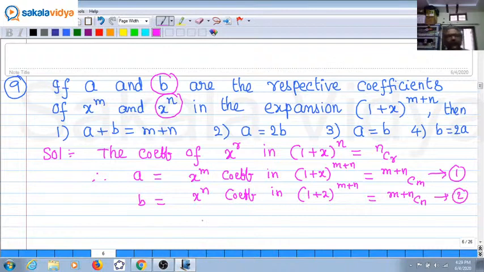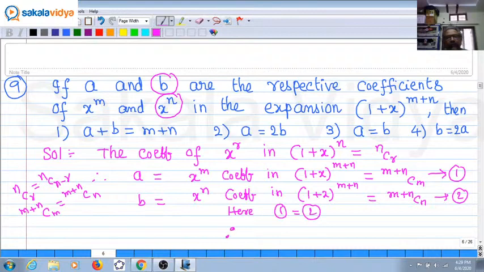If you check very carefully, as nCr equals nC(n minus r), this (m plus n)Cm equals (m plus n)C(m plus n minus m), m cancels, n. That means here 1 equals 2. Therefore, A equals B. That means third option.